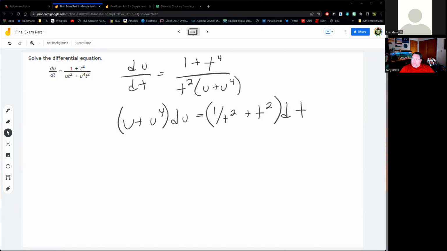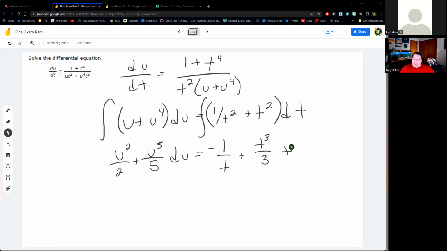So I can do the integral of both sides. The integral of this one comes out to be u squared over 2, plus u to the 5th over 5, du, equals negative 1 over t plus t to the 3rd over 3 plus c.